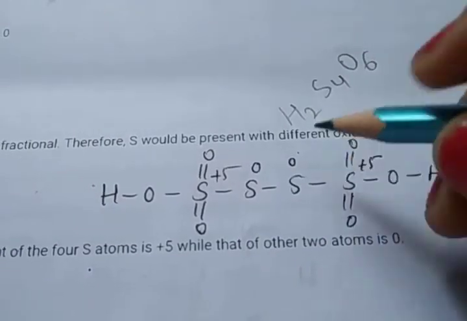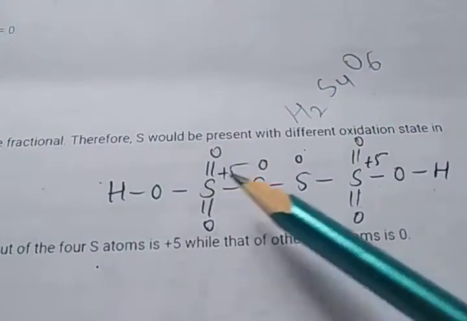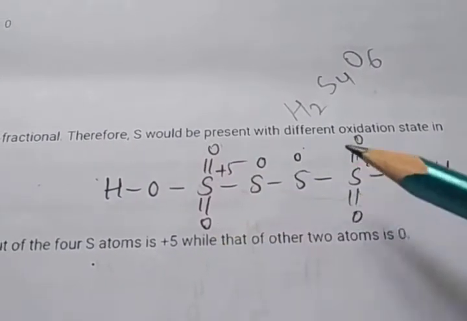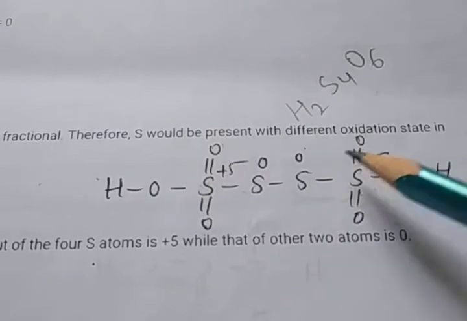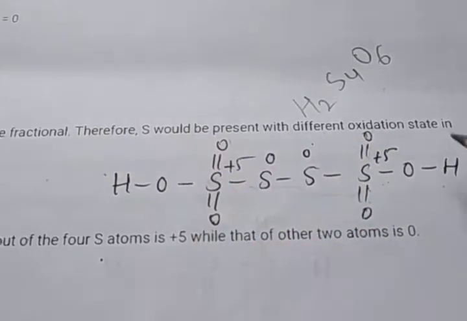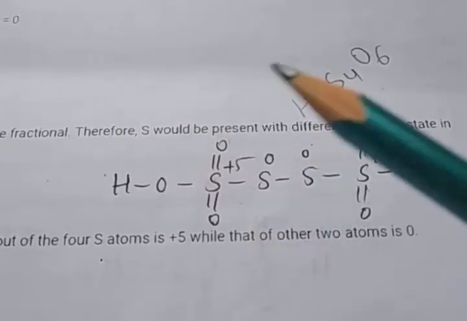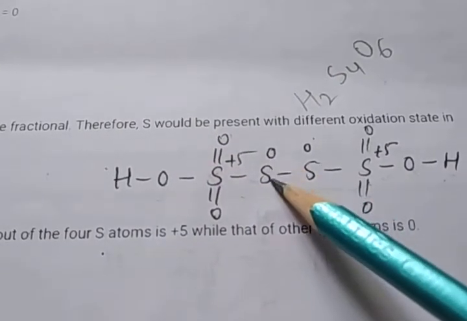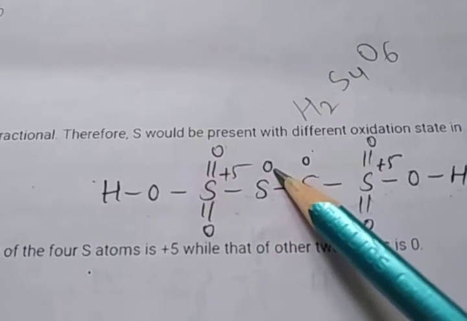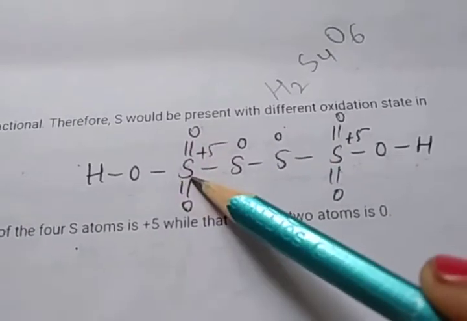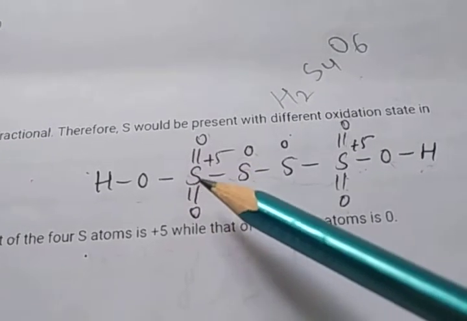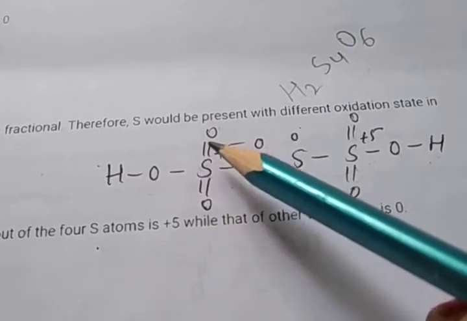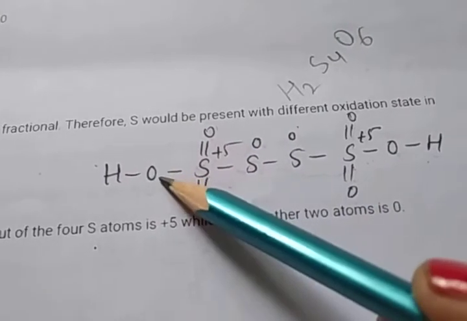Here you see the formula is H2S4O6. So 2 hydrogen, sulfur 4. So 4 sulfur are attached in a line, and 4 oxygen are attached by double bonds to 2 sulfur this way, and then 1 oxygen is attached with hydrogen as OH. These two sulfur individually are 0. This sulfur, considering total bonding, is plus 5 oxidation number, because here 2 and 2 is 4 and then 1 is 5.